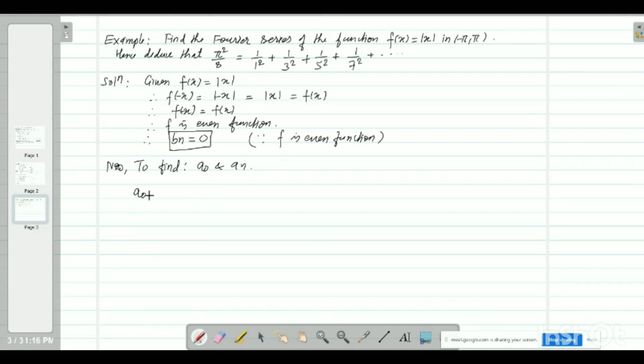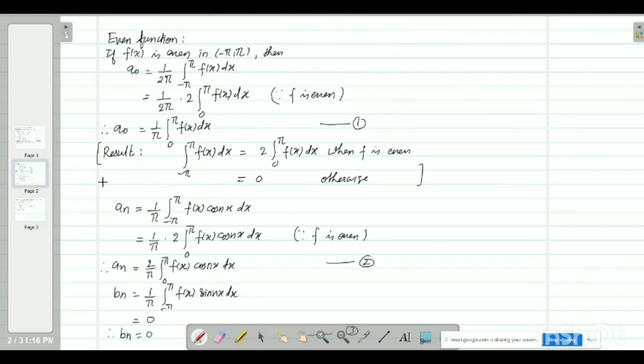Your formula is a naught equal to 1 upon pi integration of limit 0 to pi f of x dx. We derived this formula. Either use this formula or you can directly use the other formula.